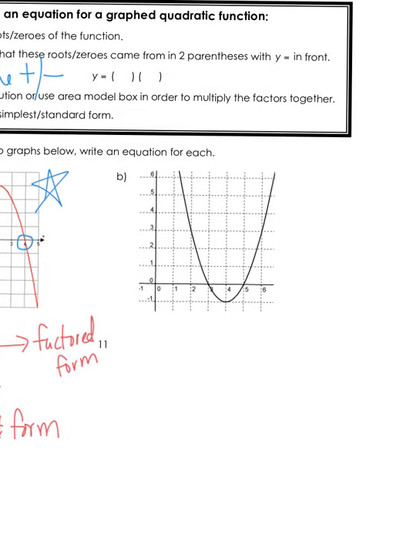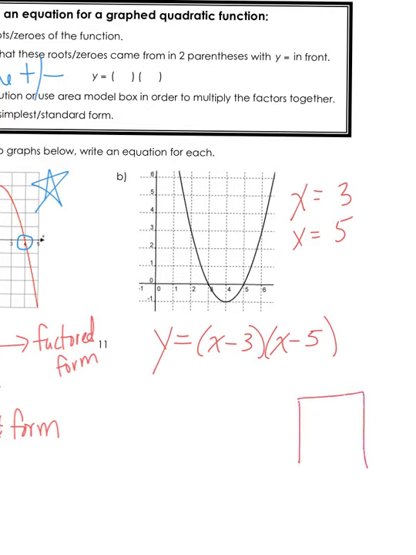My zeros are 3 and 5. In factored form, this is going to look like x minus 3, x minus 5. I do not need a negative here because it's facing up.